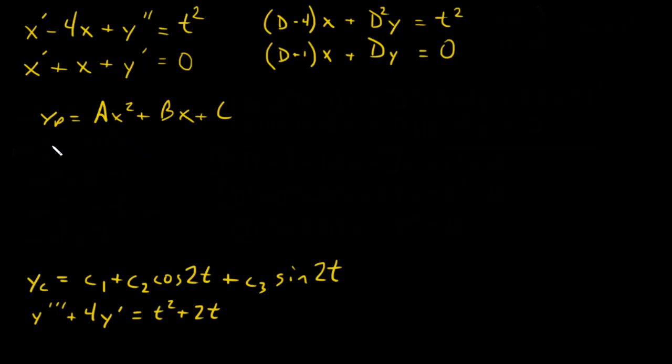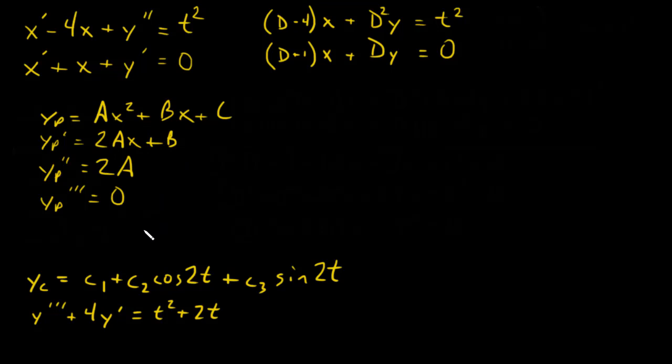Well, if I do that, I take the derivative, y sub p prime, 2ax plus b, y sub p double prime, 2a, and then y sub p triple prime is a 0. I get no information to plug in here. So instead of doing x's, I should have done t's because this is all functions of t. Yeah, that's lag from all the other problems that we worked.